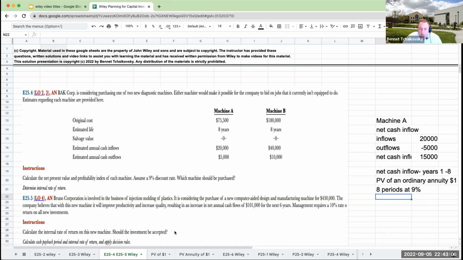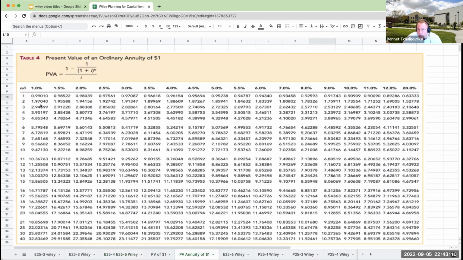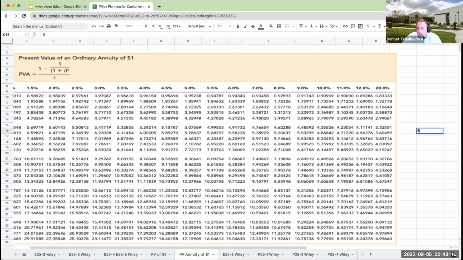So for the present value of an ordinary annuity of $1 at 9%, 8 periods, this is going to be 5.53482.